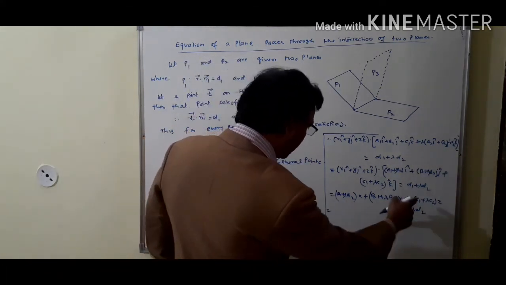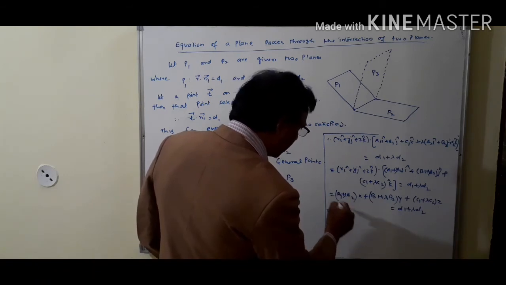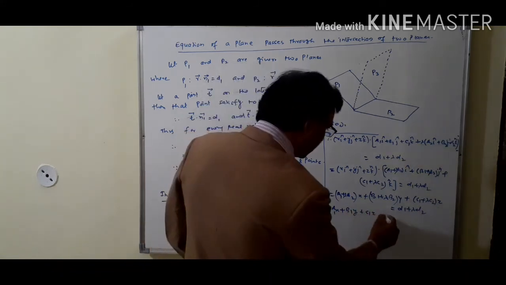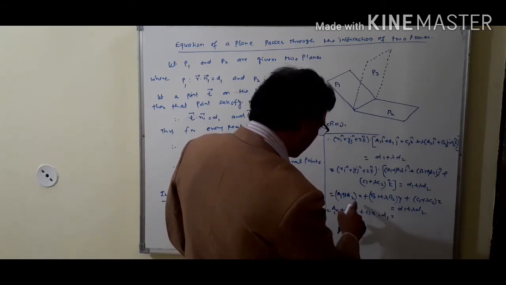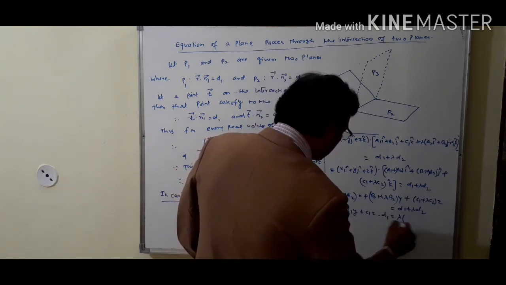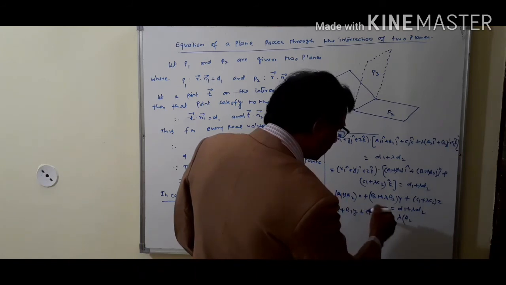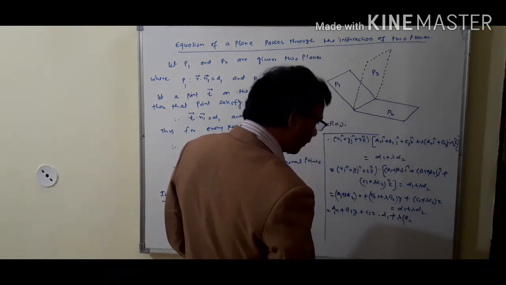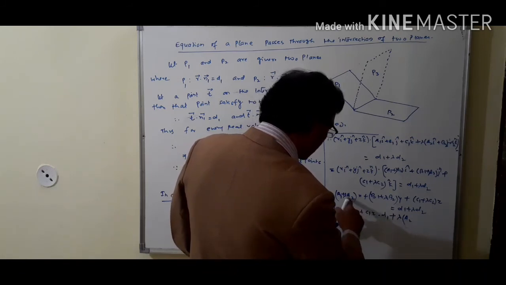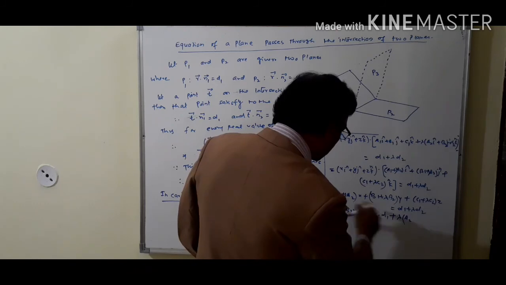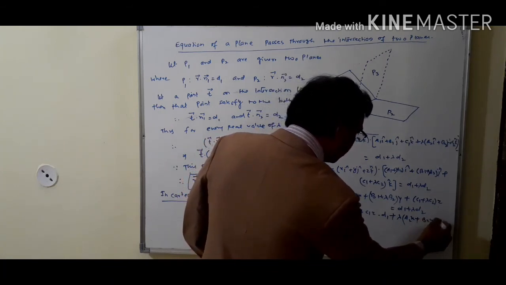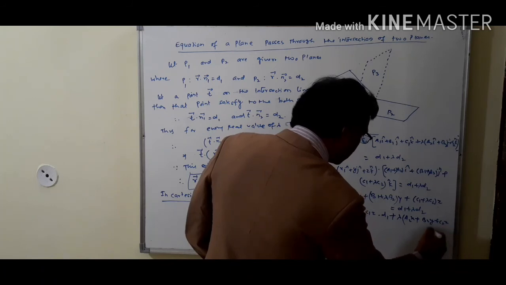Now if we break this bracket, this will be a1x plus b1y plus c1z minus d1 plus lambda times (a2x plus b2y plus c2z minus d2) equal to 0.